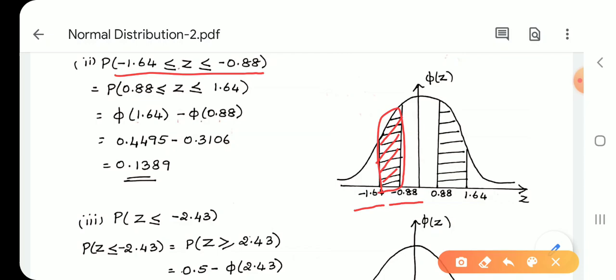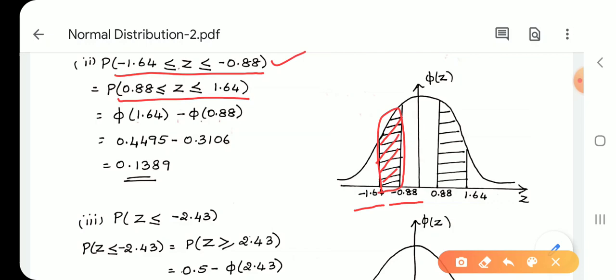We have already learnt that the left half of the curve is exactly symmetric to the right half of the curve. So to avoid this negative sign, I'll take the positive part which is exactly symmetric to the negative, and hence this first step can now be written as P of 0.88 less than or equal to Z less than or equal to 1.64.